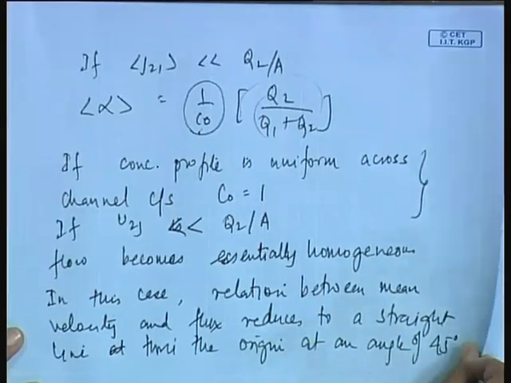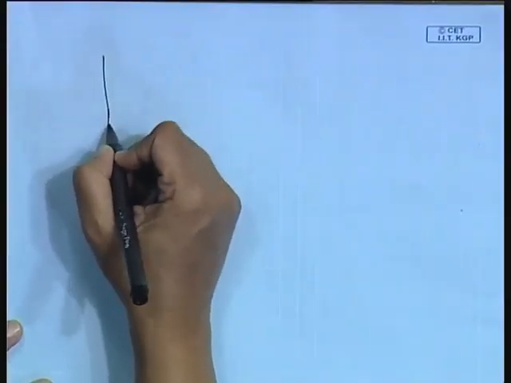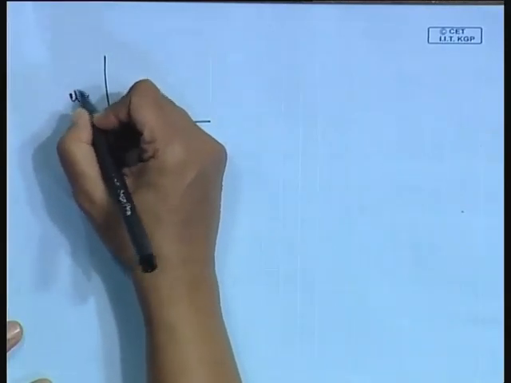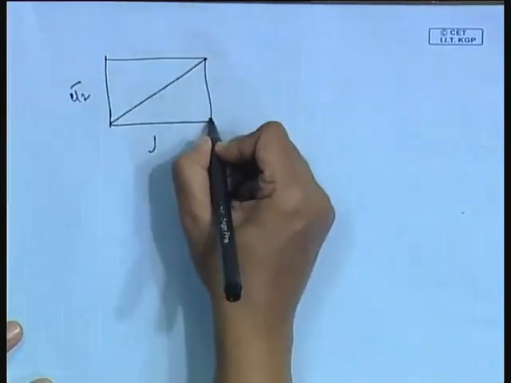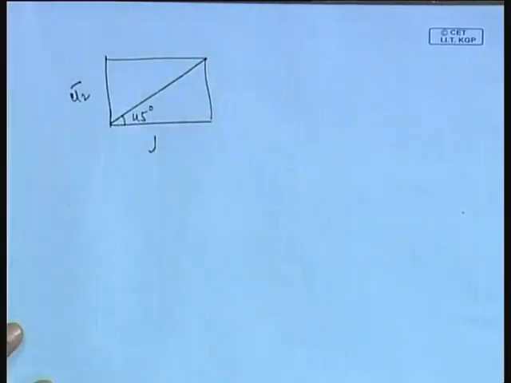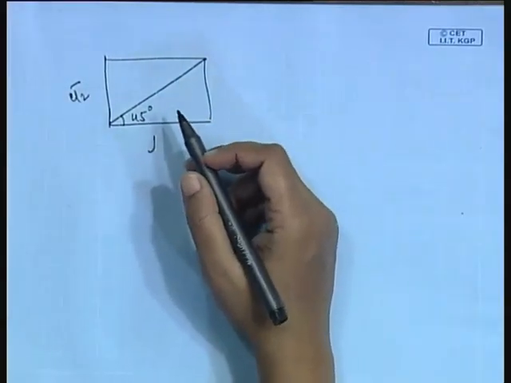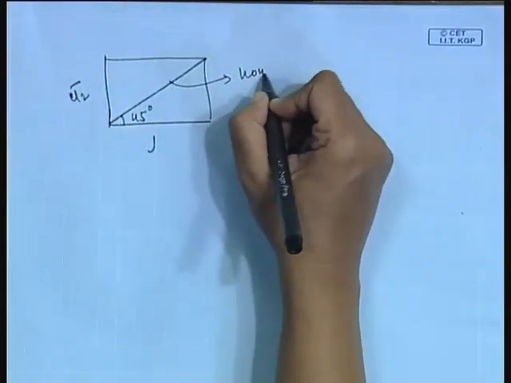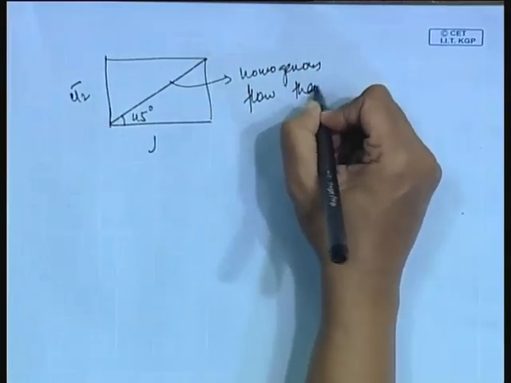Or in other words, for such a circumstance, if we plot u2 bar with j, we get a straight line through the origin, isn't it? We get such a straight line. Okay. And this gives you the homogeneous flow theory.